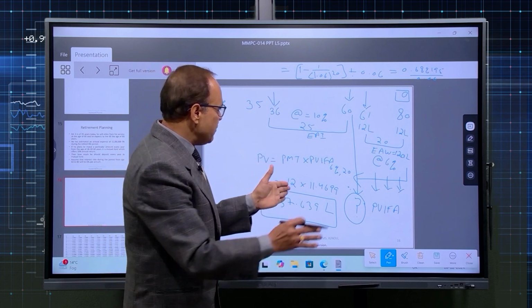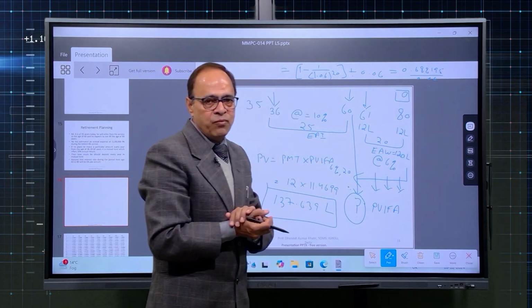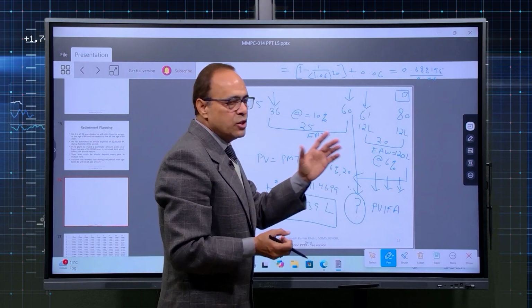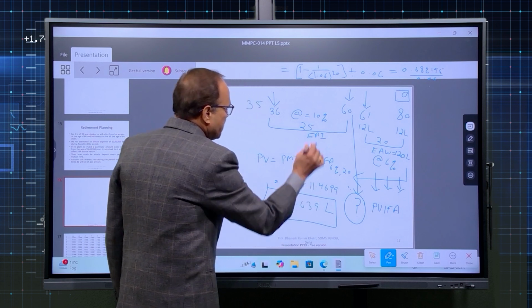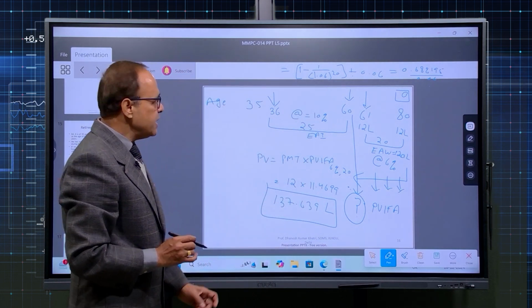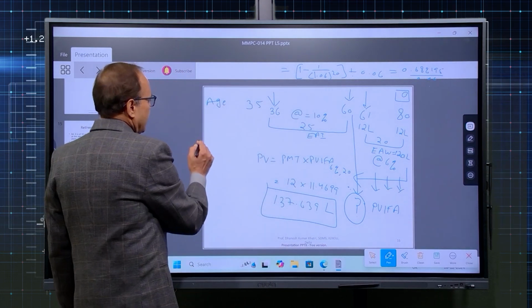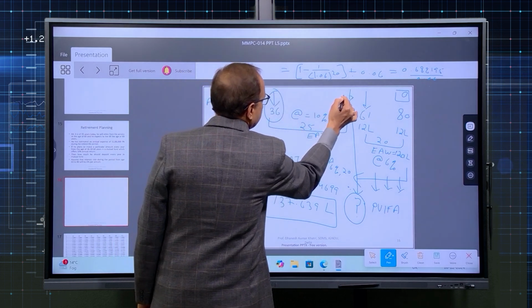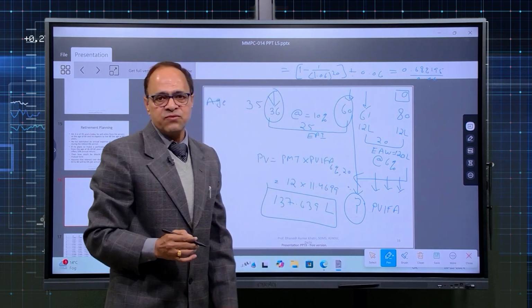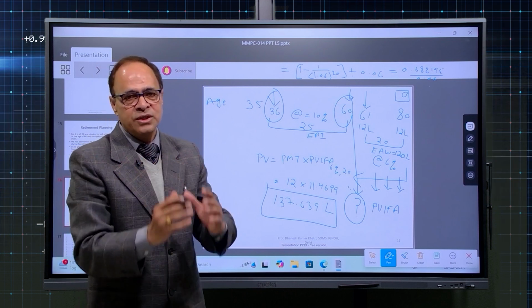Now, that was the first part. In the backward tracking, we have solved the present value of an annuity fundamental. Now, to accumulate this corpus at the age of 60, what does he need to do? How much should he deposit every year from the age of 36 till the age of 60, so that his first withdrawal of 12 lakh comes at the age of 61?